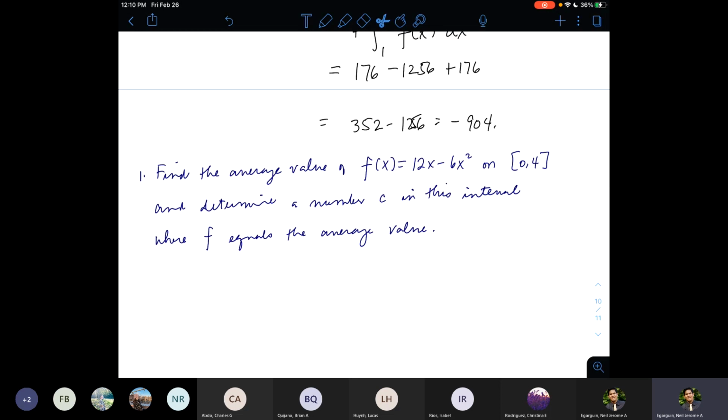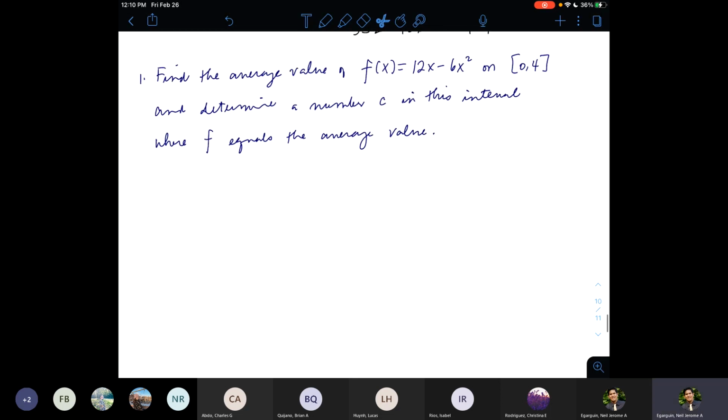Find the average value of this function over the interval 0, 4, and determine a number c in the interval where f equals the average value. Well, it's just a quick recall, so perhaps you can do this quickly. First, we need to find the average value. Remember, the formula for the average value is 1 over the length of the interval, which is b minus a.